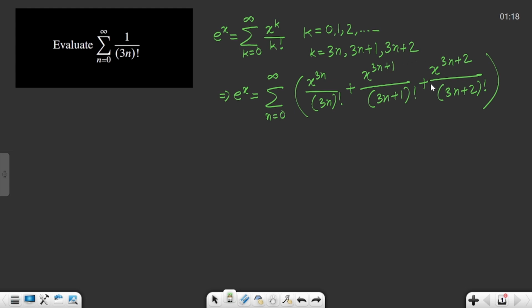So now we need 1 in the numerator, so first we will put x equal to 1. That will come to your mind at first, right?